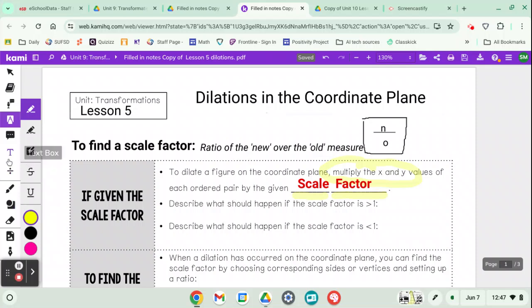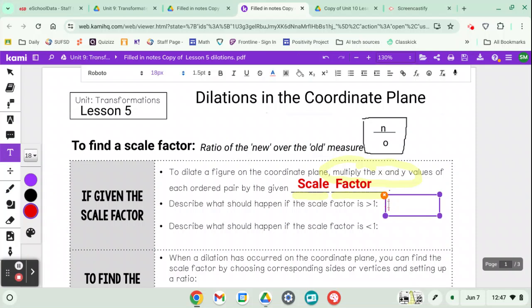So if we are multiplying these ordered pairs by a scale factor, and the scale factor happens to be greater than the number 1, then we will have a product that is larger than our original numbers. So therefore, scale factors greater than 1 are enlargements.